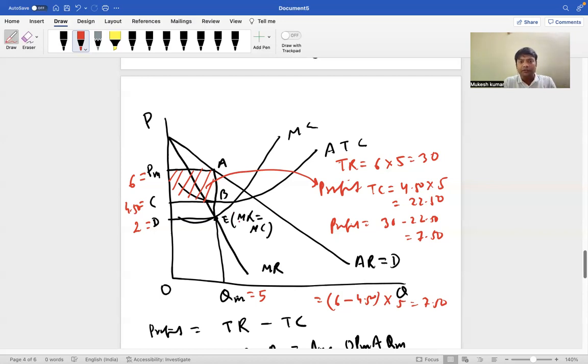Marginal revenue equal to marginal cost is the profit maximizing condition for both perfect competition and monopoly, but the final condition is different, due to the difference between average revenue and marginal revenue here.